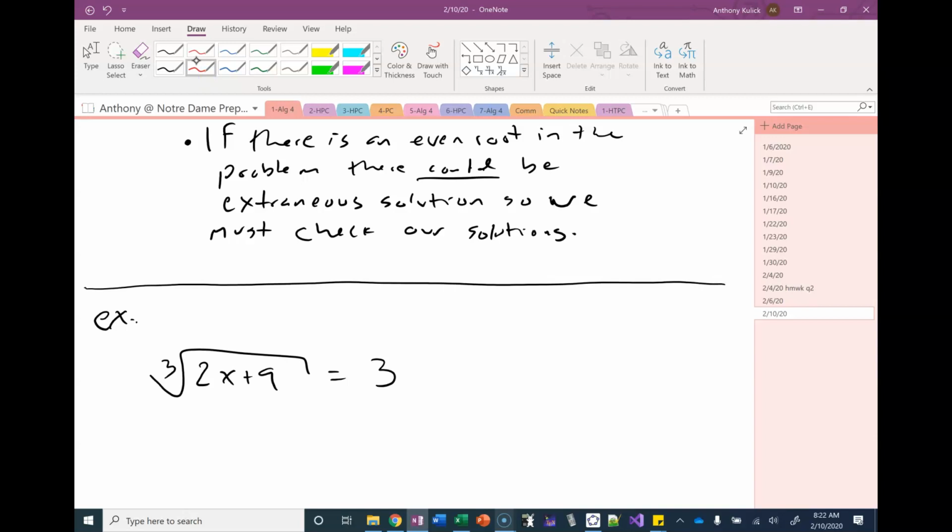So let's say we're taking the cube root of 2x plus 9 equal to 3. And we want to solve this for x. What's the first thing I have to do in order to get that x by itself?